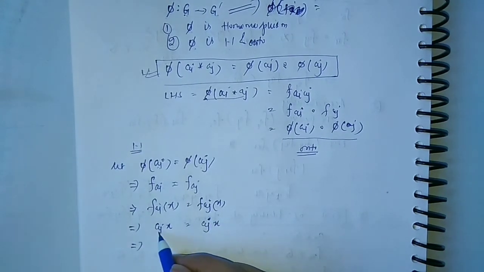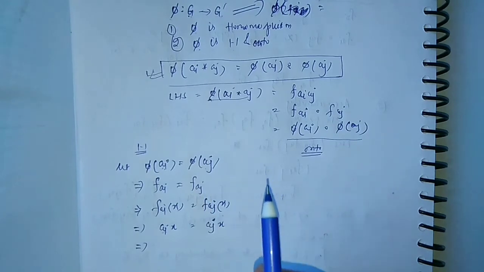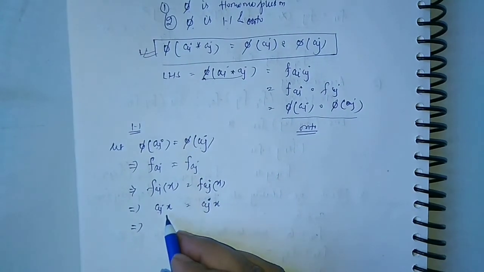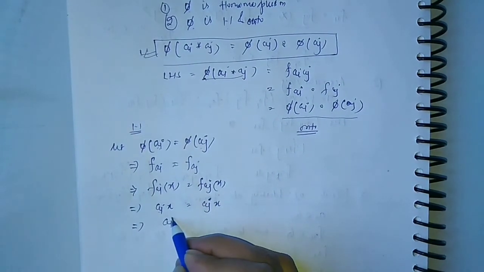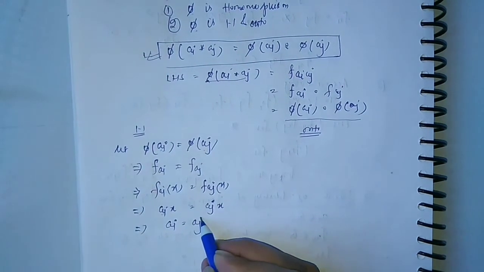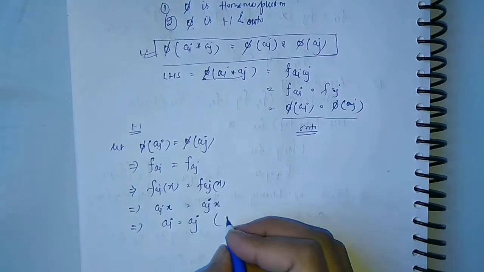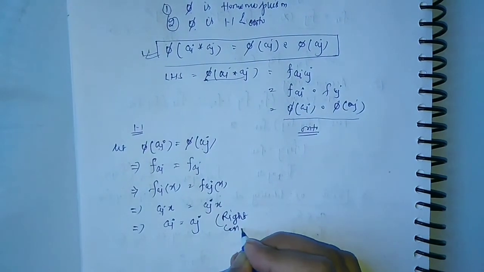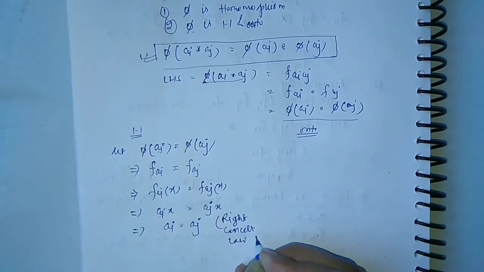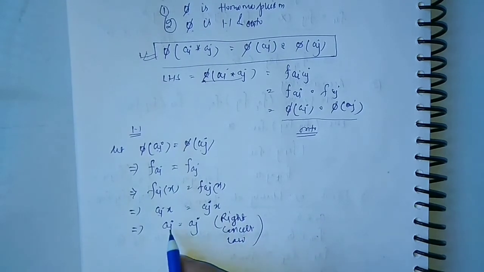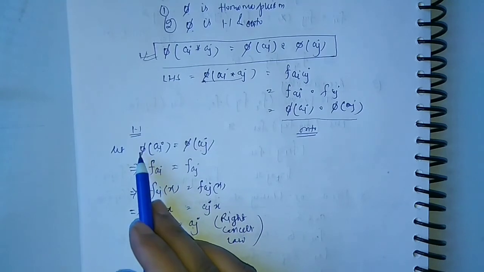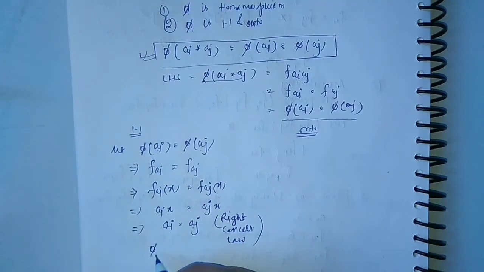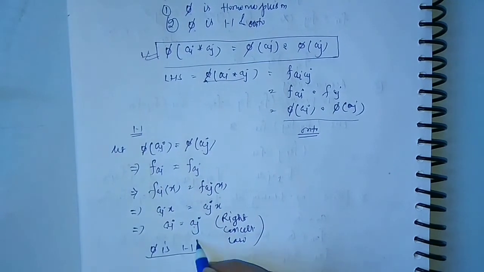And now both elements are from our group G, so applying the right cancellation law here, we will get ai equal to aj. Here we applied the right cancellation law on the group G, so we got ai equal to aj. So we can say that this function phi is 1-1.